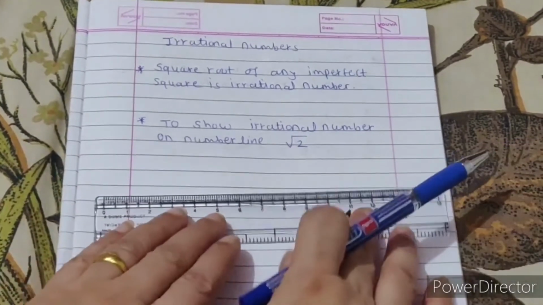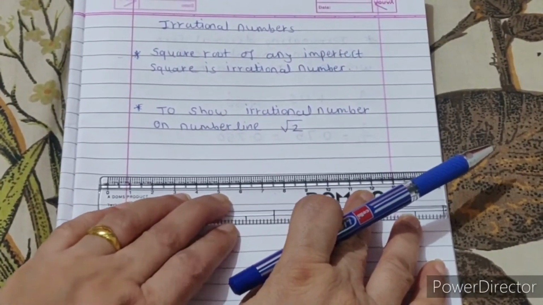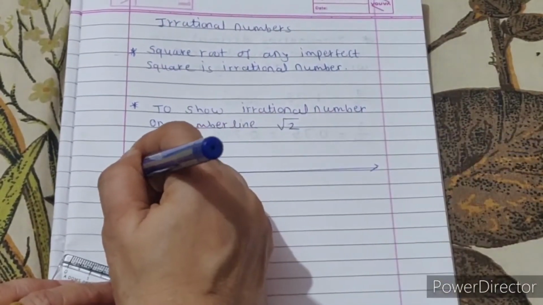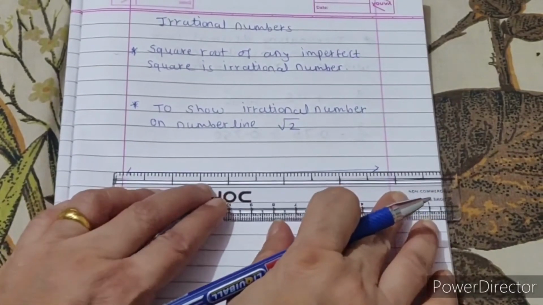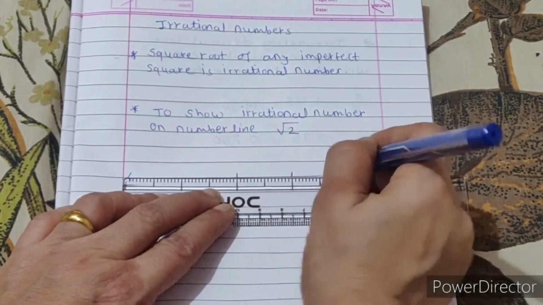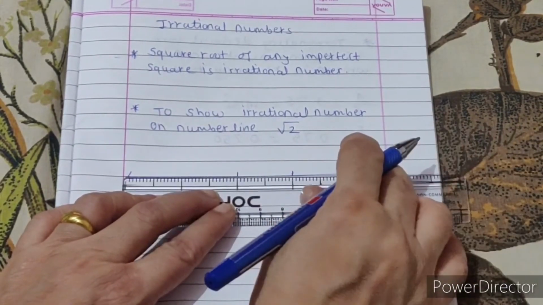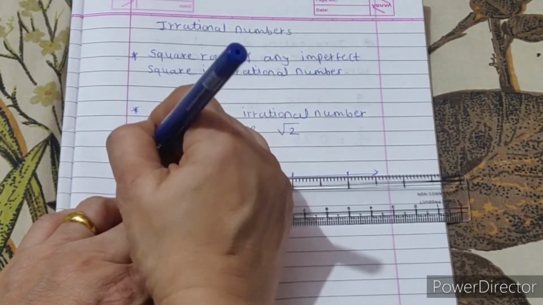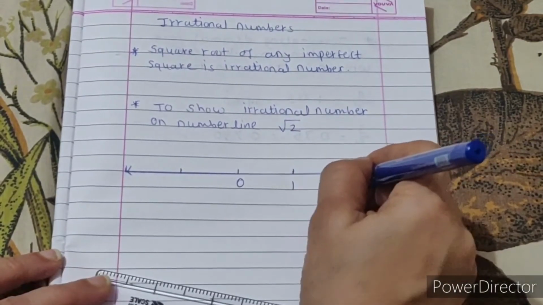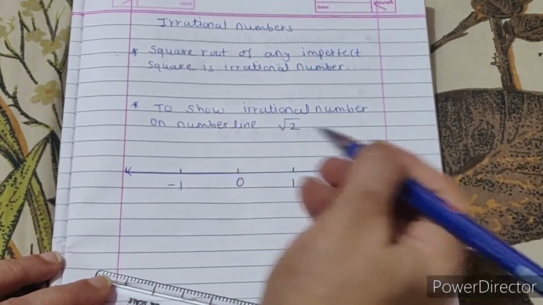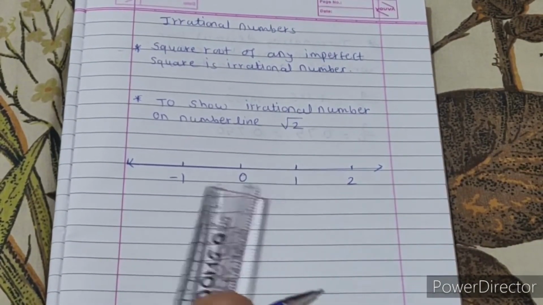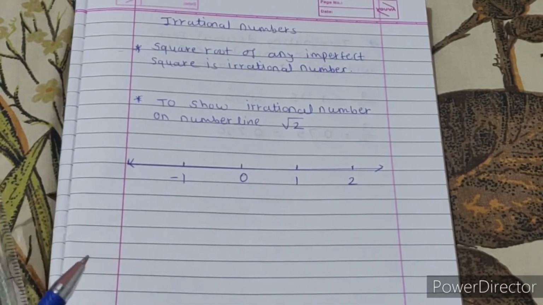For that, I am going to draw a number line. Now, this is the origin, 1, 2 and -1, -2, etc. Now this is the unit distance. Let it be 1. Now what we have to do?